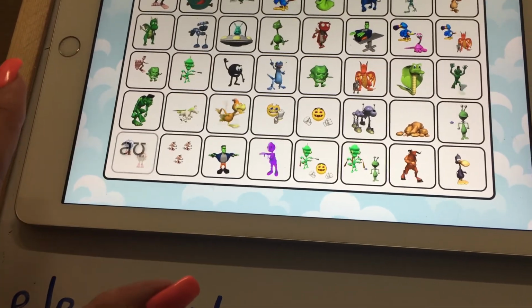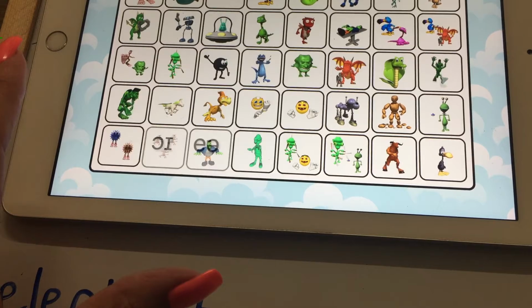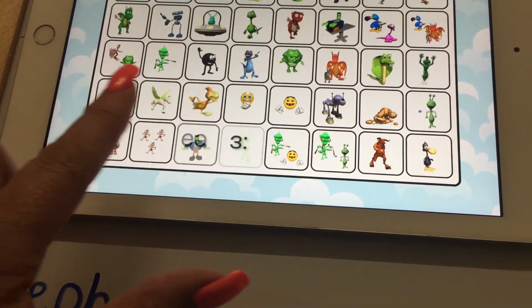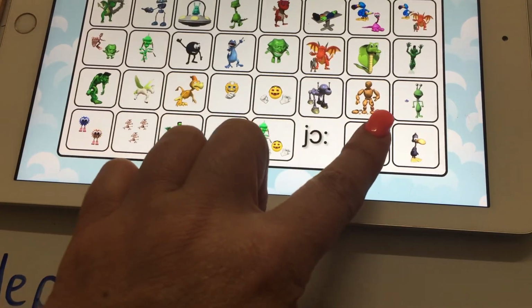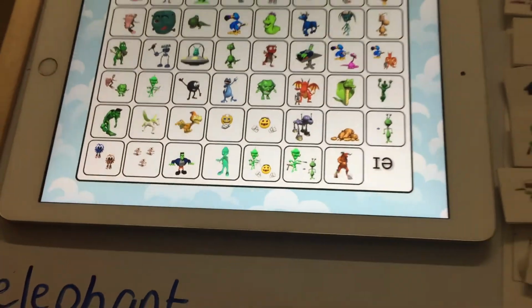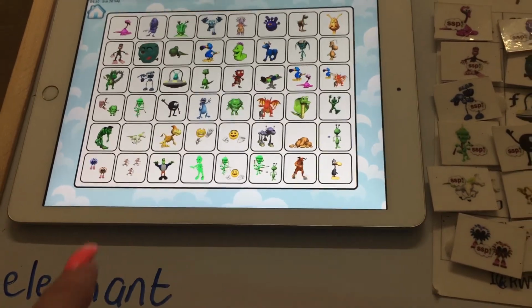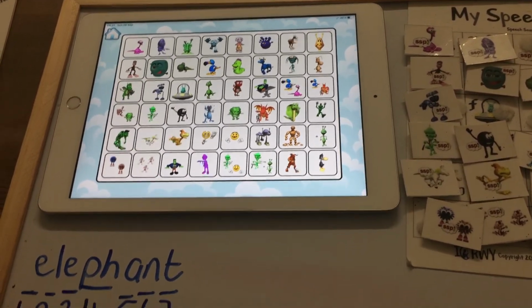Ow. Oi. Air. You. Your. J. Ear. So learn the monsters. It's going to really help you when we're doing the Speedy Six spelling.